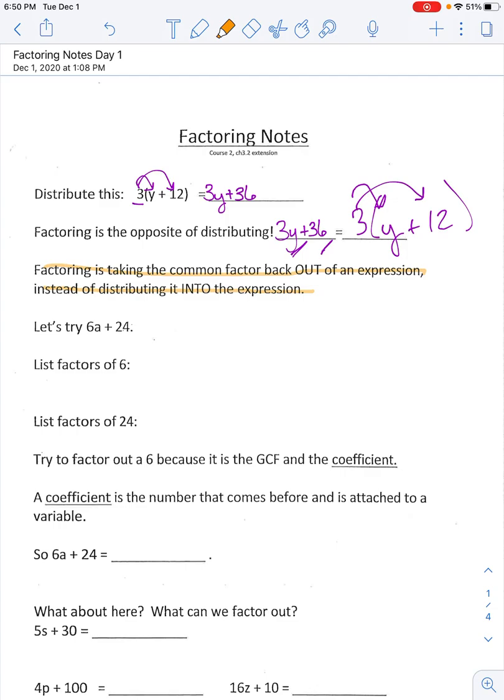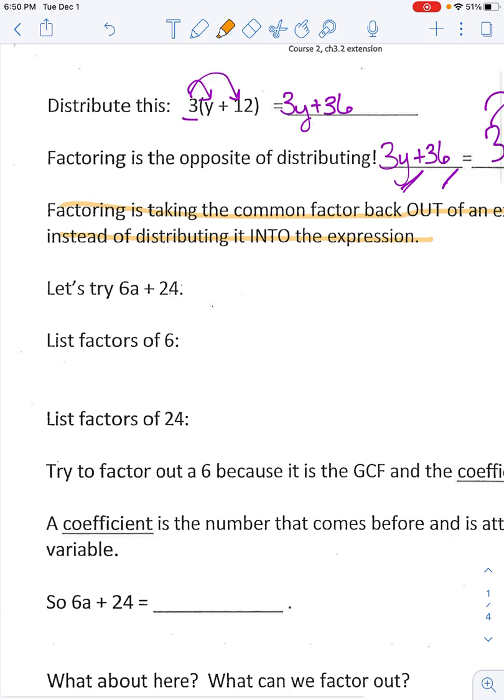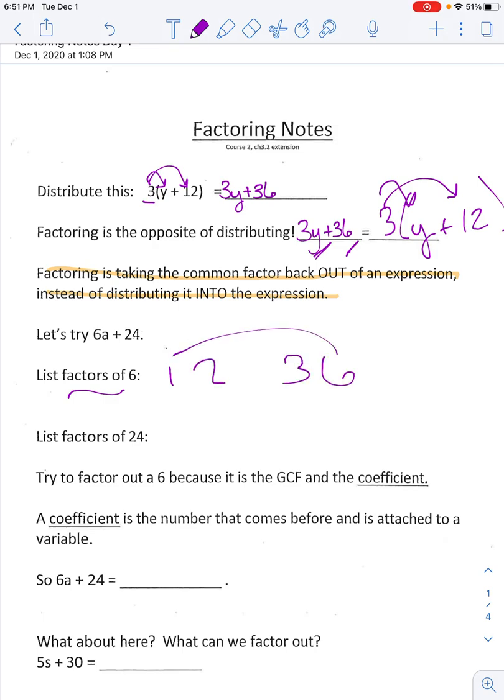However, here's what you are thinking about. You're wanting to find factors of both 6 and 24. So remember that factors are numbers that you multiply together to get 6. Maybe in elementary you did factor rainbows. 1 times 6, 2 times 3.